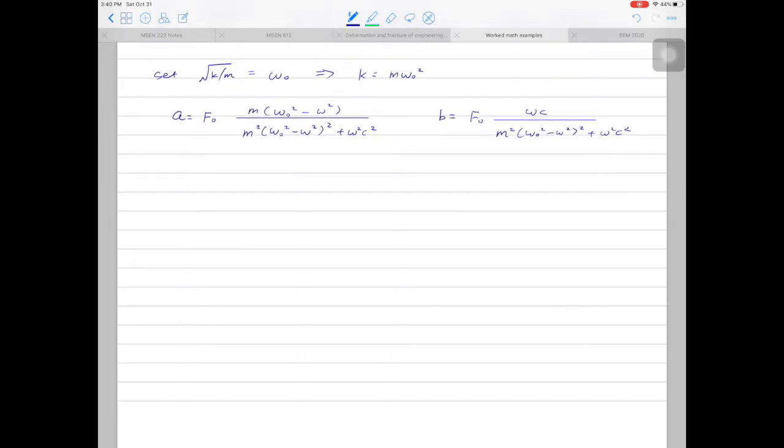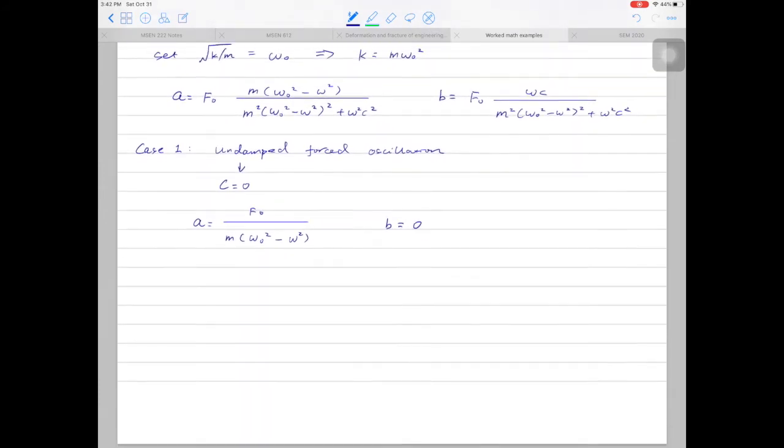Let's look at two cases. In the first case, we have the undamped forced oscillation. If the system is undamped, then c is equal to 0. Then you can get rid of c in the original expression to obtain A and B. A can be simplified to F0 over m times omega naught square minus omega square.